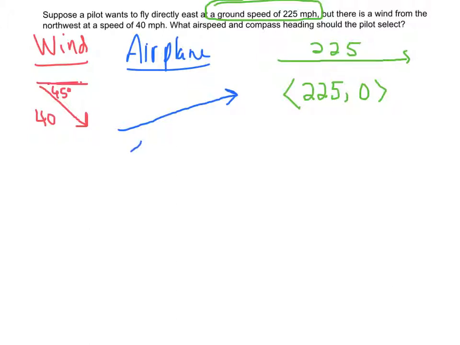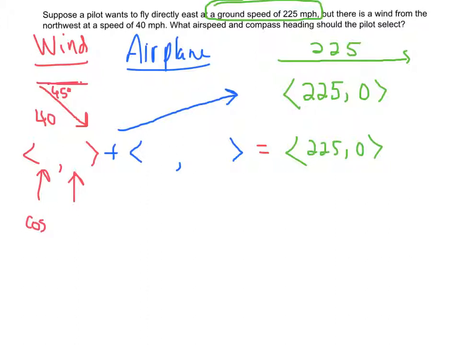So what we need to do is figure out what the x and y components of this airplane vector are, and the way we're going to do that is by solving this equation: our wind vector plus the airplane vector is going to equal this resultant vector. We're basically going to have to work backward on this one. So let's figure out what the x and y components are of the wind vector. To do that, we're going to do cosine of 45 degrees equals the x value over 40.